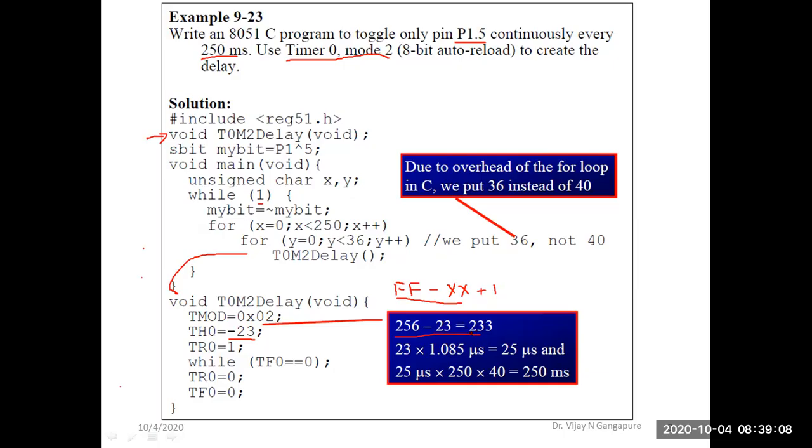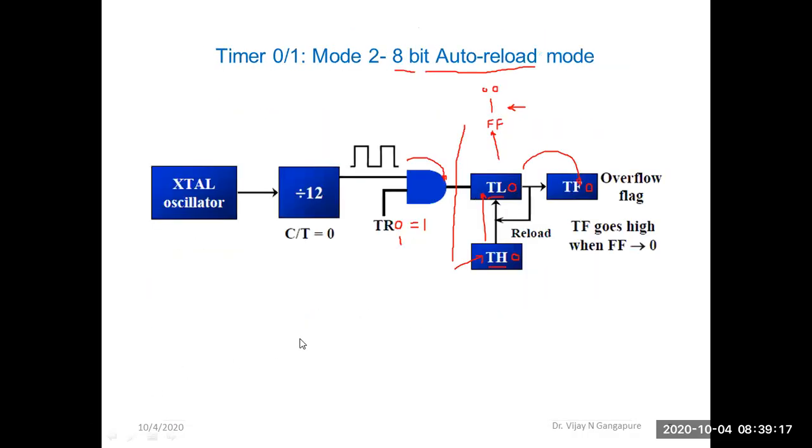Okay, so when we load this 233 into TH0, that will also get copied into TL0. In mode 2, if you remember, whatever value we load into TH0 will get copied into TL0. So we are loading 233 into TH0, and that will get copied into TL0.